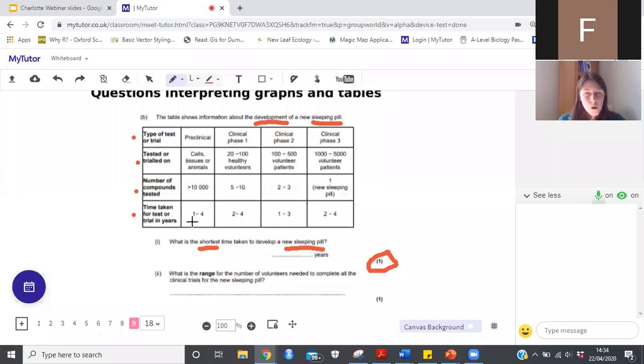So that would be 1 for the preclinical phase, 2 for clinical phase 1, another 1 year for clinical phase 2, and another 2 years for clinical phase 3. So 1 plus 2 plus 1 plus 2, so 3, 4, 6 years would be the shortest possible time to develop a new sleeping pill.